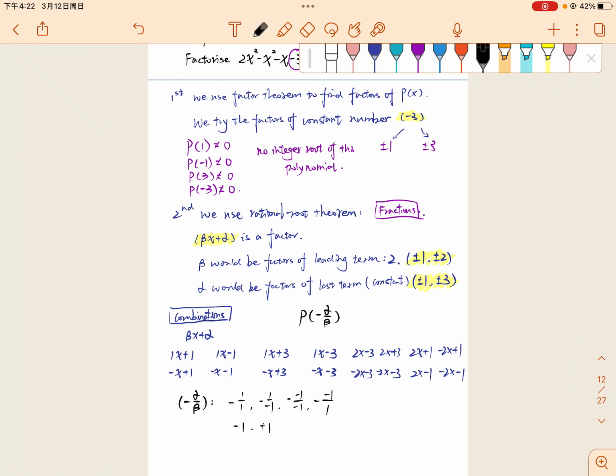And similarly, we can have negative 1 over 2, negative 1 over negative 2, and that will give only negative half or positive half.